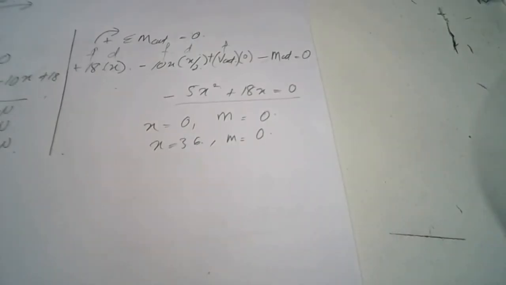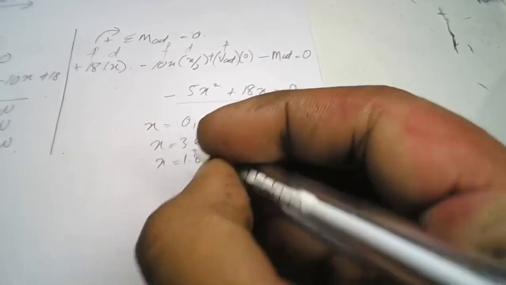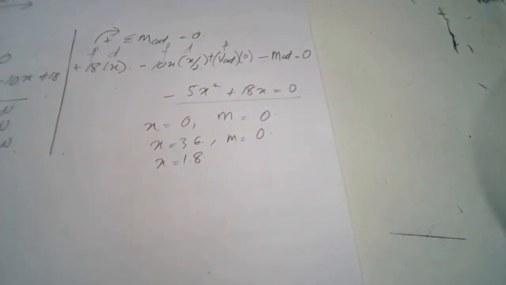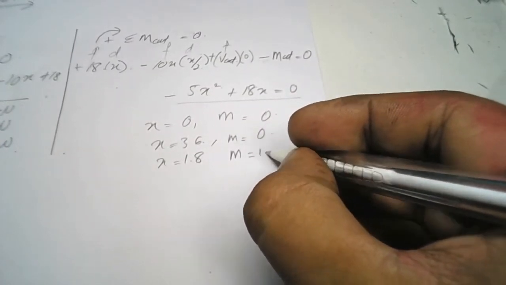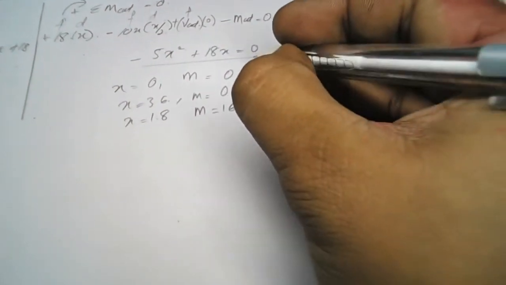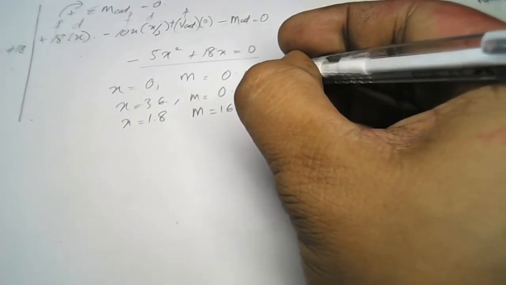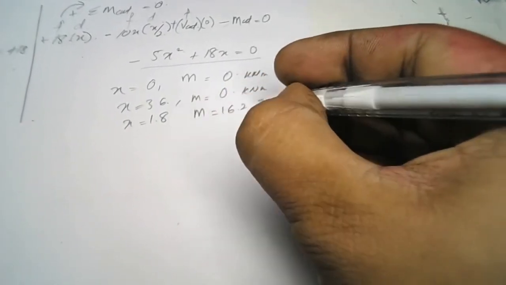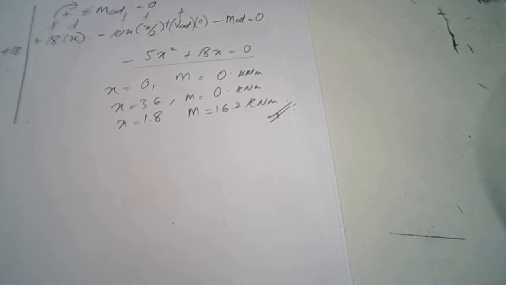You have to calculate that one. And if we have an x value of 1.8, your moment will become 16.2. All of these are in kilonewton meter. All right, done for summation of moment.